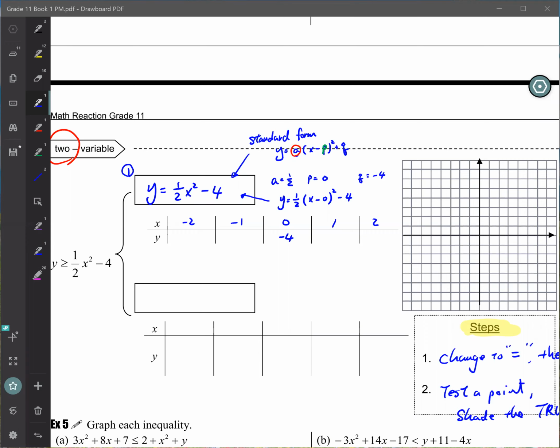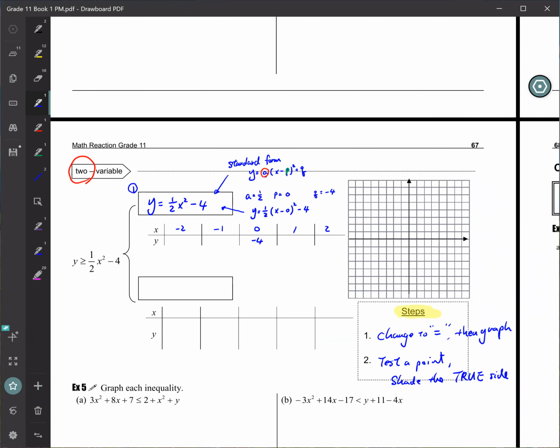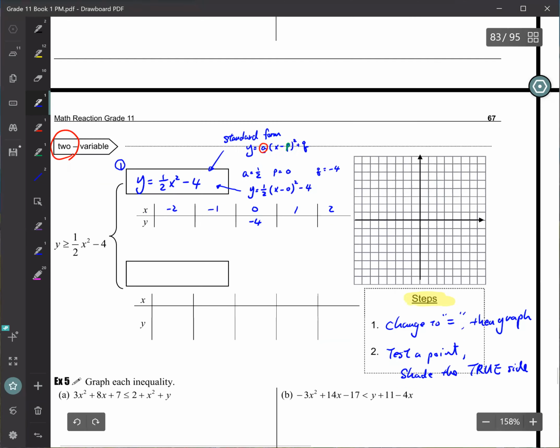The Zoom kicked you out? Yeah. Okay, sometimes there's a problem with the connection. It's okay. So we are on page 67. We are just finishing up the graph.